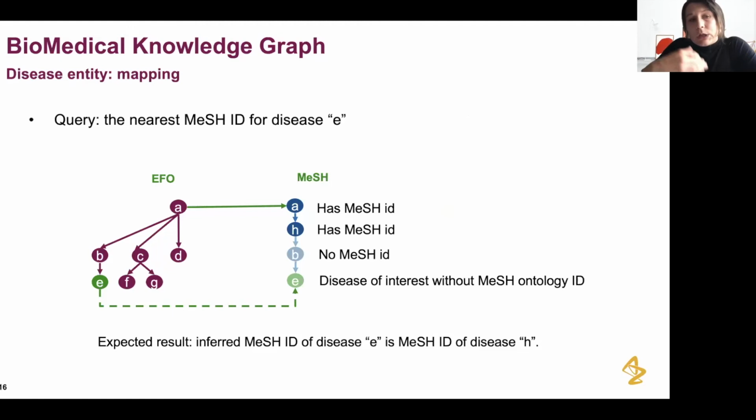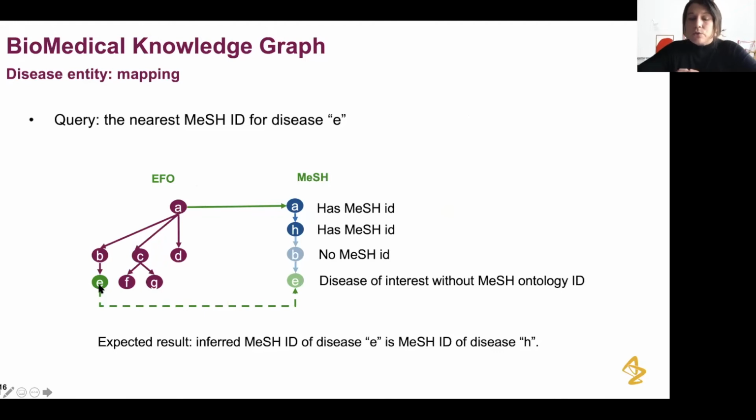So very quickly, one more practical example with the same disease entity problem. Again, a typical situation we are having. We want to replicate someone's results. We have one ontology, EFO, and the publication was mentioning diseases with EFO IDs, EFO ontology, and some numerical values. For example, for disease E, right?